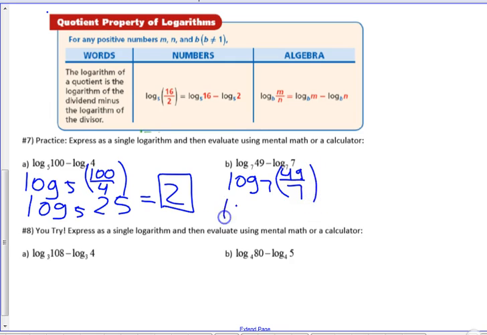Which simplifies to be log base 7 of 7, which is equal to what? Just the number 1. Beautiful. That was part of our properties that we learned yesterday, that we reviewed this morning in our warm-up. Again, we had to think to ourselves, 7 raised to what gives me 7 again? Power of 1.